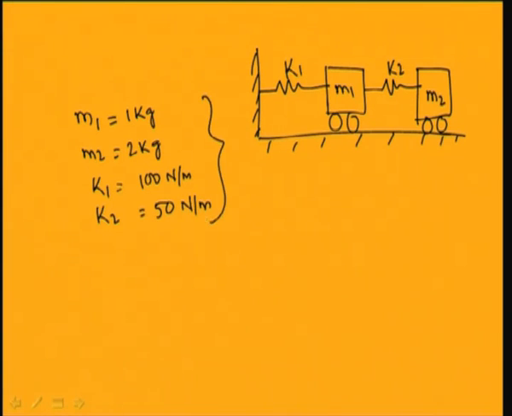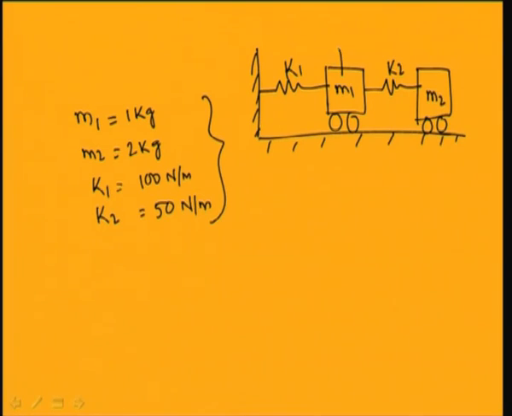So, by taking these physical parameters, let us derive this equation of motion and let us find the principal coordinates of the system. You know before, principal coordinates are those coordinates which will yield both mass matrix and stiffness matrix uncoupled. Let us first take this generalized coordinate system. This is x1 and this is x2.